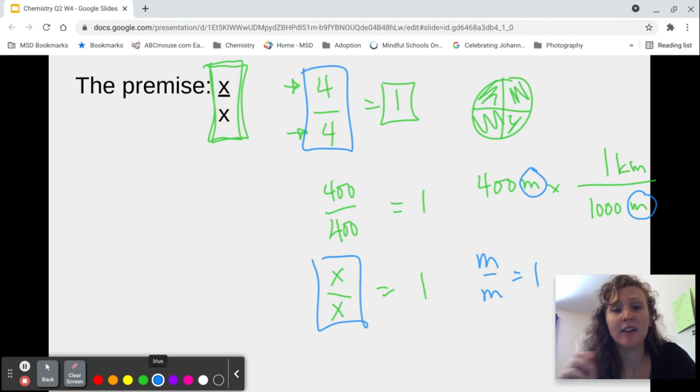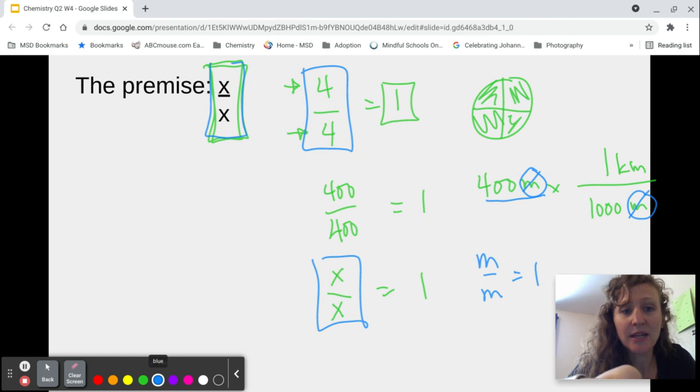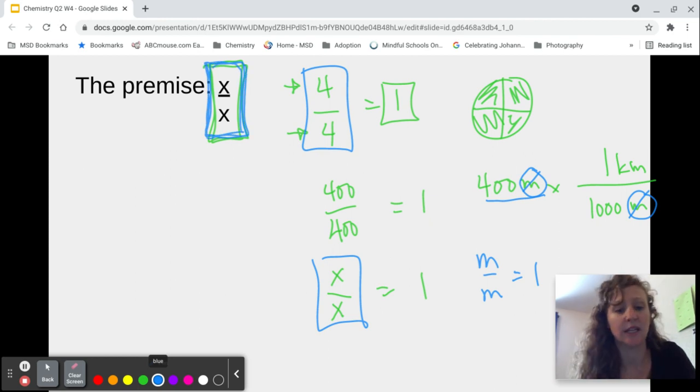So that's why if you have a unit on the top of your fraction and you have that same unit in the denominator of your fraction, those are going to be equal to 1. So they reduce out of your equation, right? This is the premise that dimensional analysis is built off of. You have to understand that.